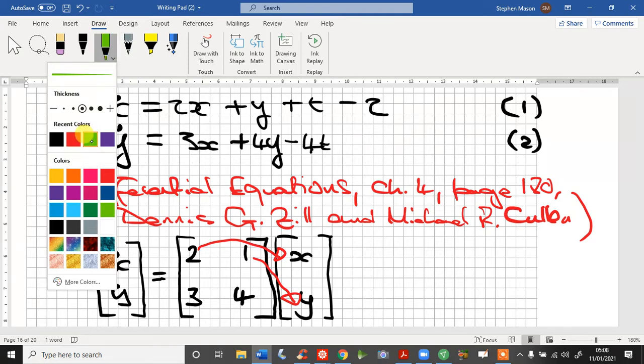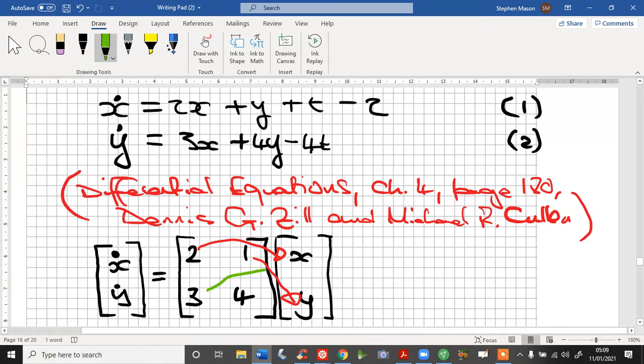So you get 2 times x, which will give you the 2x there, the 1 times y, which will give you the y there, and for this next coupled equation, the second one, equation 2, you would have 3 times x to give you the 3x, and then you would have 4 times y to give you the 4y there.